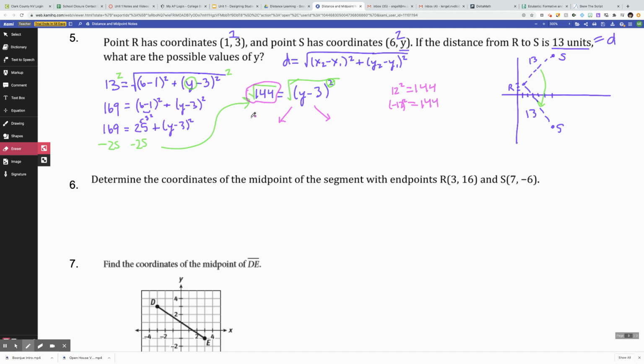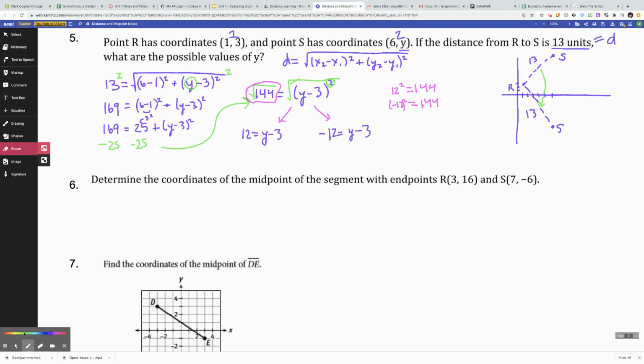So we're going to split and have two equations here. On this side, I have 12 equals y minus 3. And on the right side, I have negative 12 equals y minus 3.